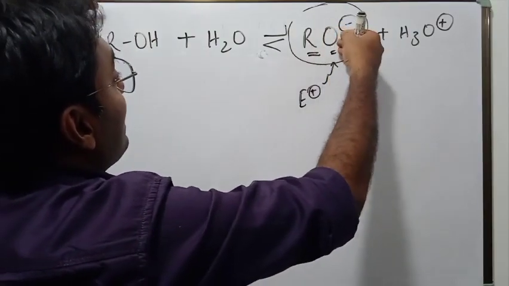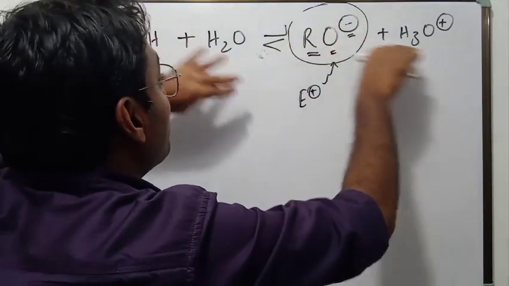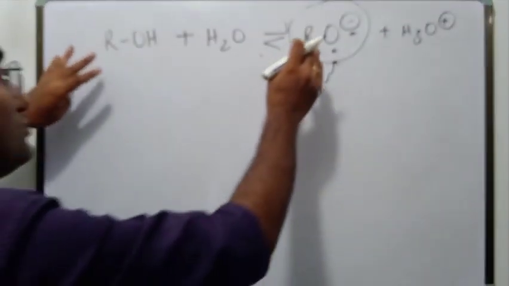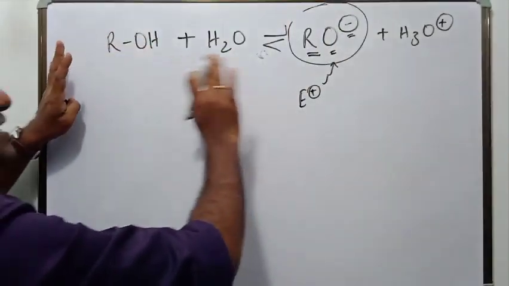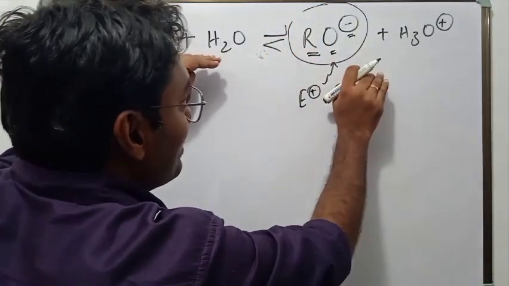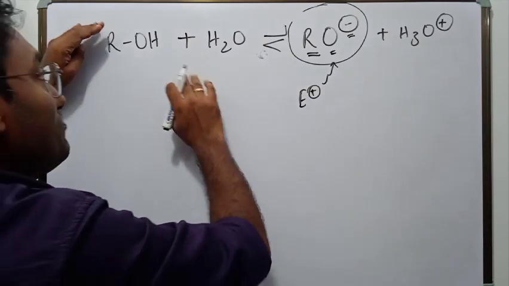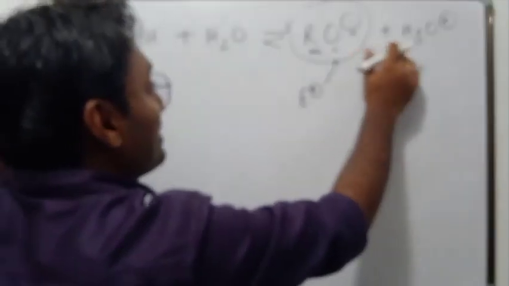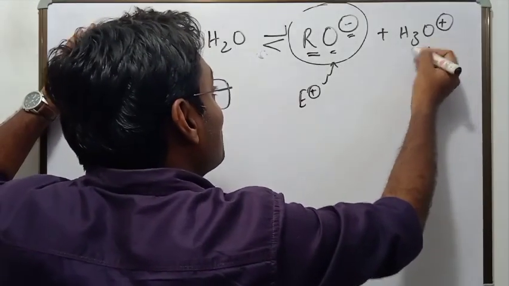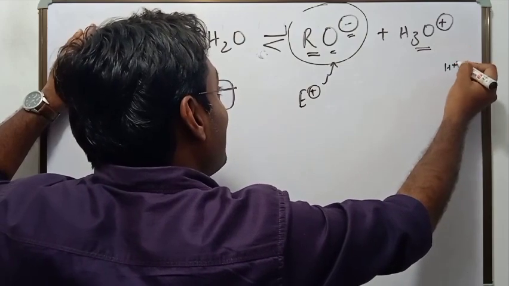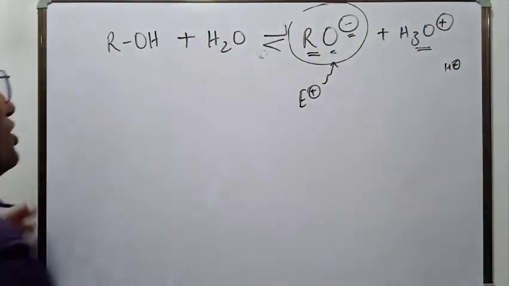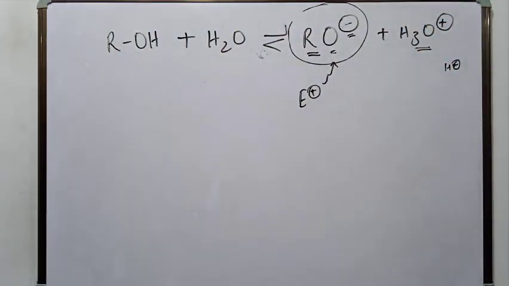So the reaction is not favored in the forward direction. It is always favored in the backward direction. Because it is not favored in the forward direction, H plus ions won't be released as expected, and the acidity will be low for alcohol.